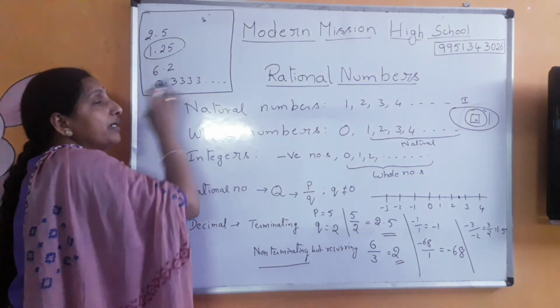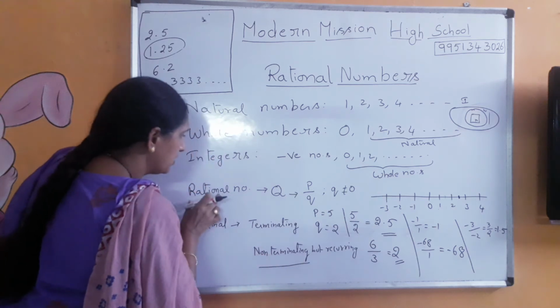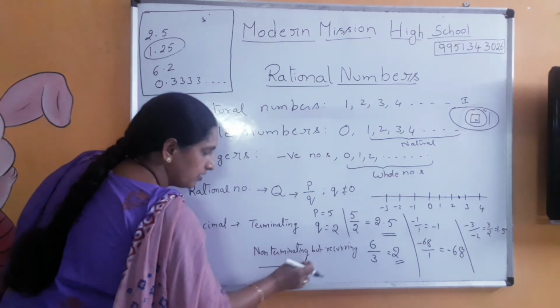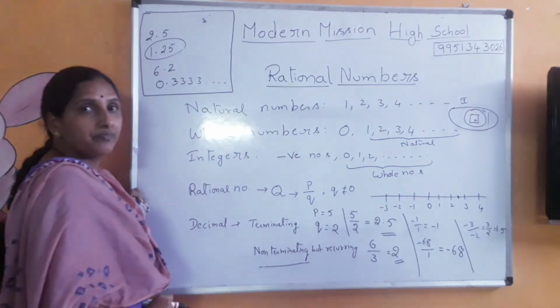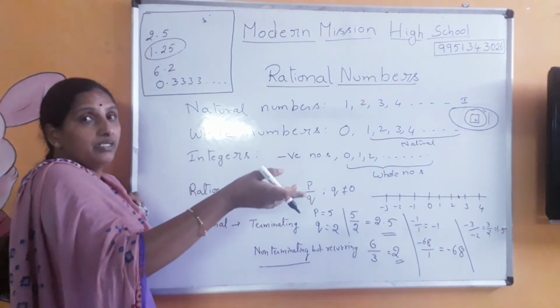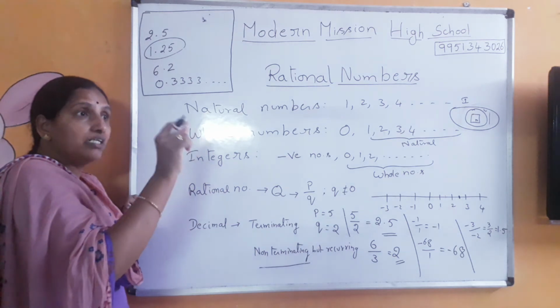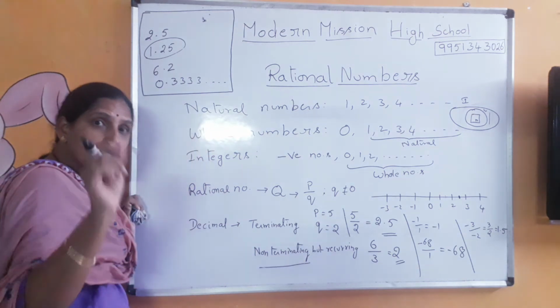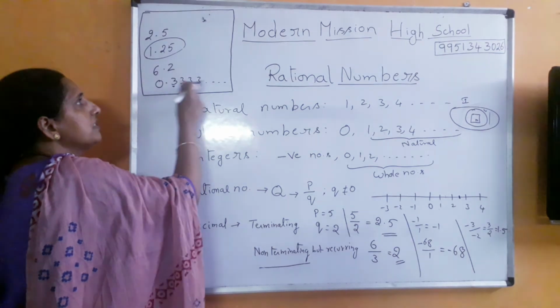So they are non-terminating. What is the characteristic? A rational number, if it is non-terminating, is recurring. Recurring means reappearing or repeating, a set of numbers repeating periodically. Like 3 is repeated here, 3 everywhere is repeated.